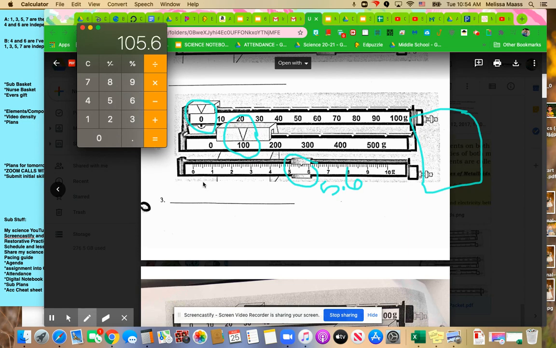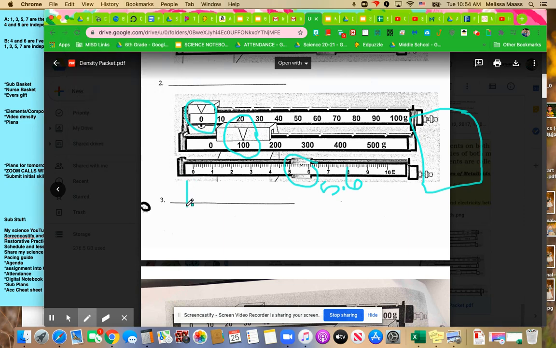And you can see that the answer here is 105.6 grams. Okay? Remember, we always have G after the number because we need a unit of measurement, and for mass, it's going to be grams.